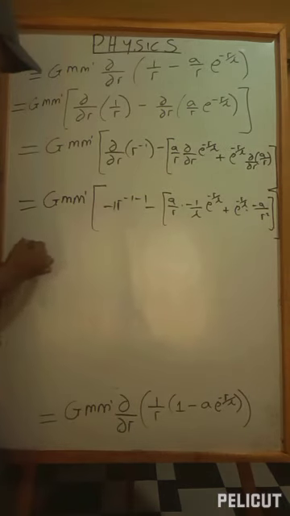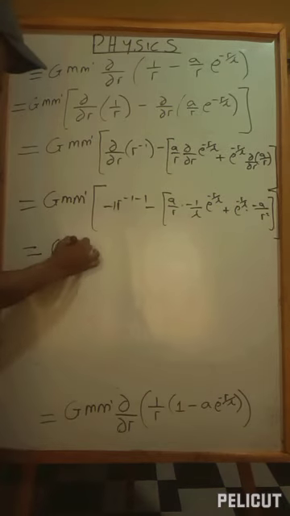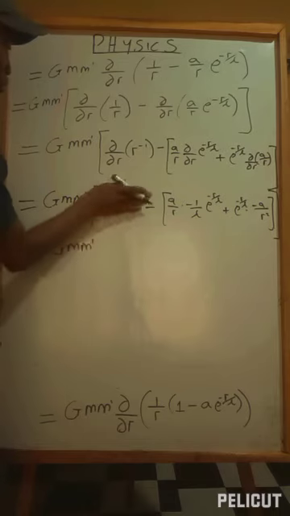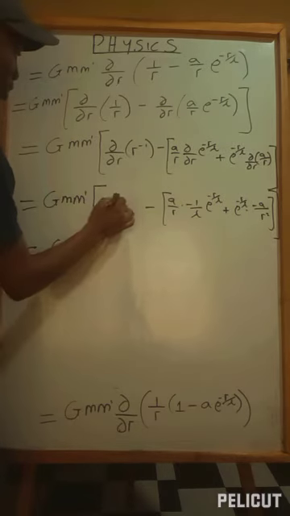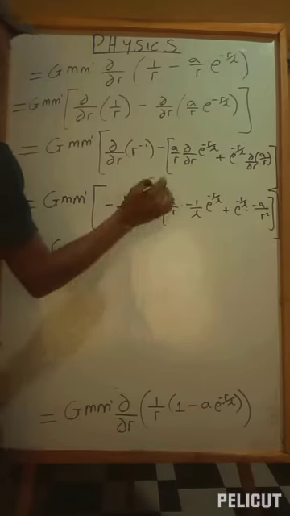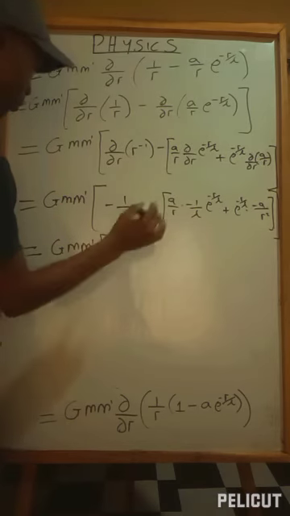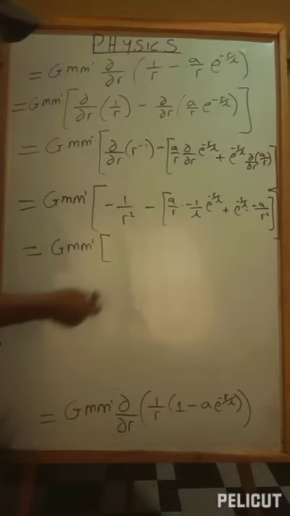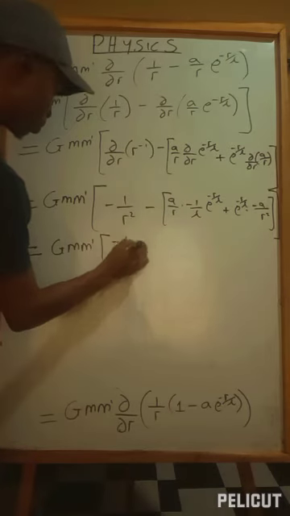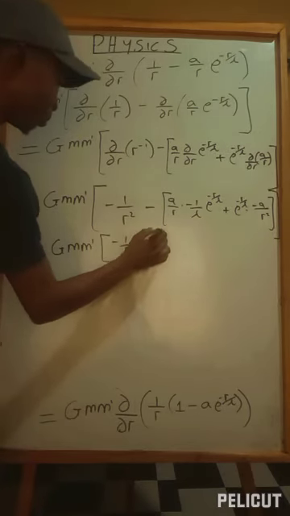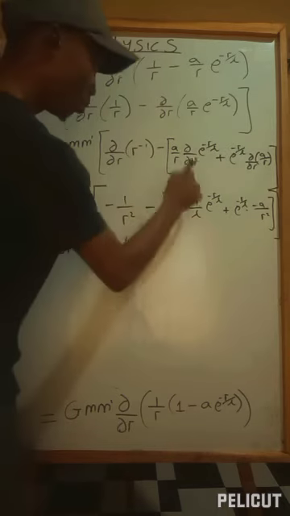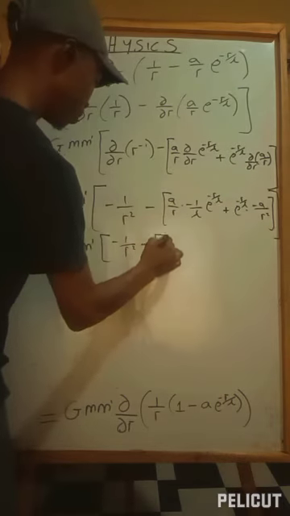So this here is going to be, let me just rub this off. And as we've done this, this is just minus 1 over r squared. Okay, so let's open this bracket up, and this is going to be minus 1 over r squared minus, before we open this up, let's quickly simplify this guy.